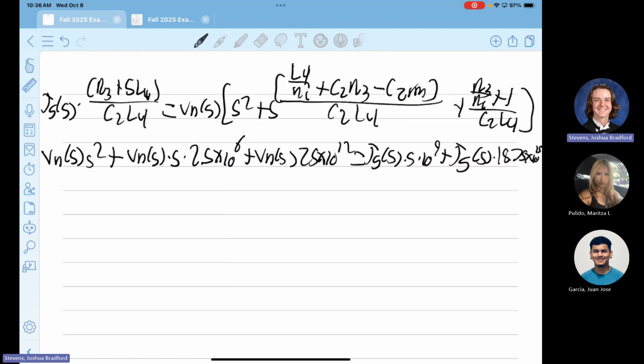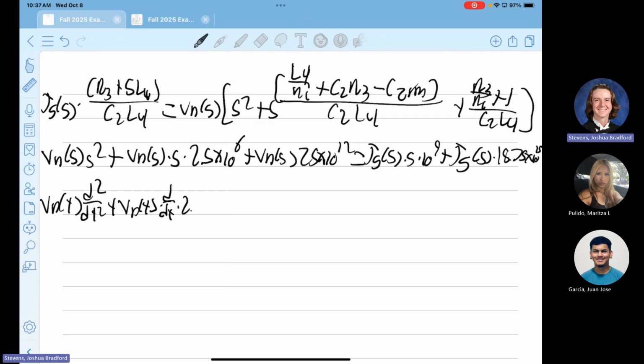Sweet. So I'm going to turn everything into the time domain. Vn of t, what does the S squared become in the time domain? Okay, Vn of t times, what does S become? What does just S become in the time domain? Well, d over dt.